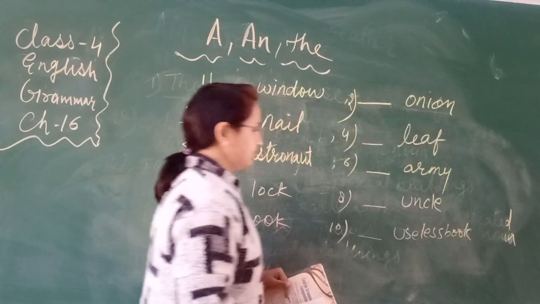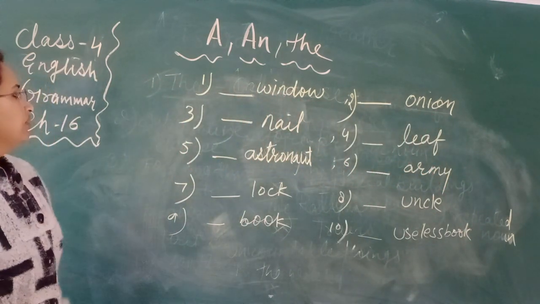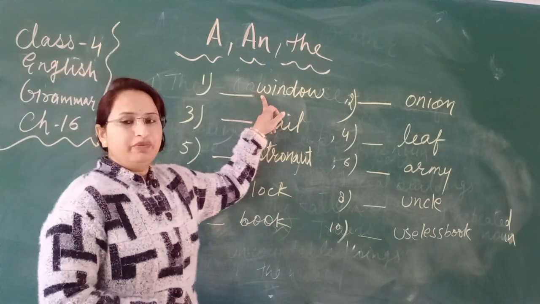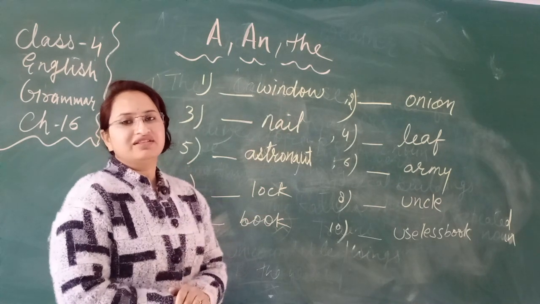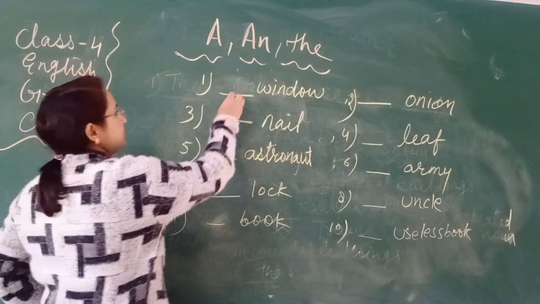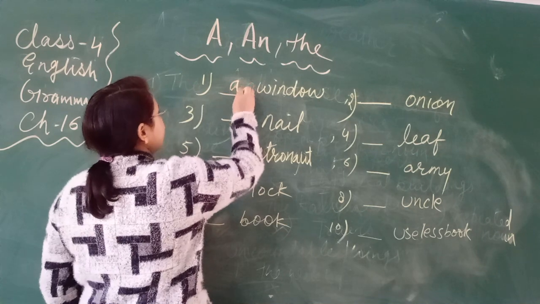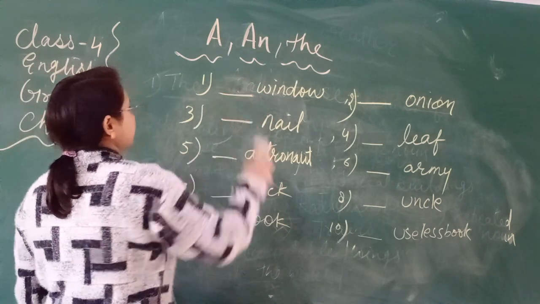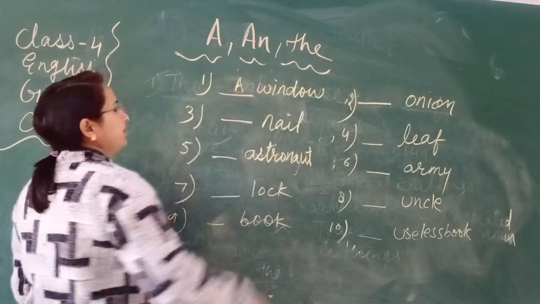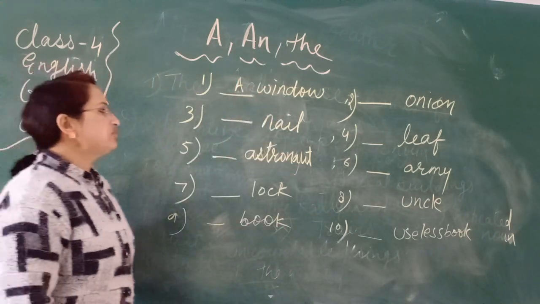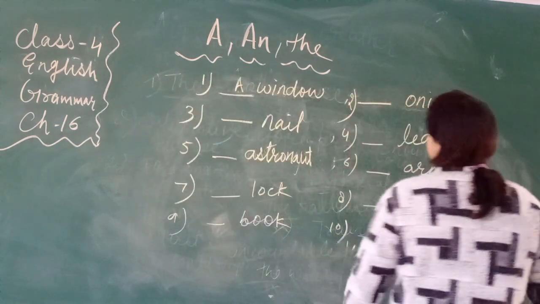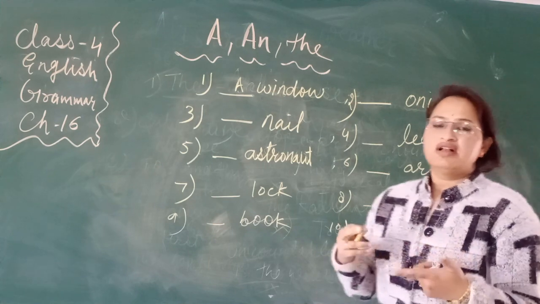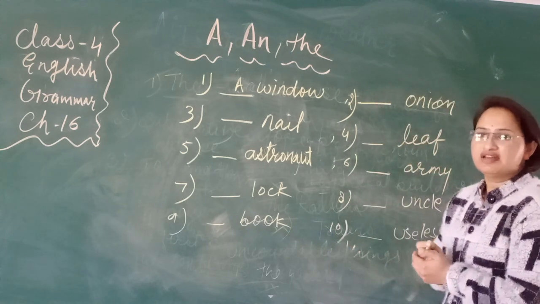Okay, now do it. Window. It is starting with W, and W is consonant. That's why what we will use? Article a. A window. Okay. Next come towards onion. It is starting with O, and the sound which is coming is also of a vowel.